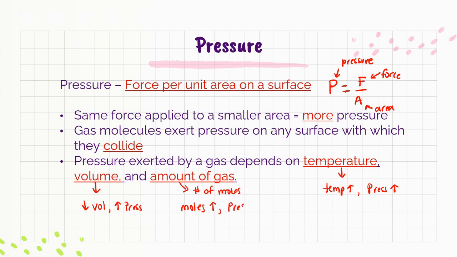So that means that the pressure would increase. So anytime the pressure is going up, which I have all of these going up, that means pressure is up, therefore more collisions with the sides of the container.